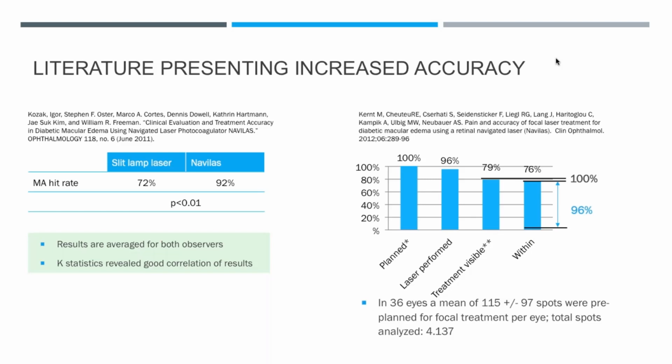And this was also reproduced in another study, which showed that the majority of the eyes had very accurate treatment within 100 microns of the pre-planned treatment area, which is not usually happening with conventional laser.